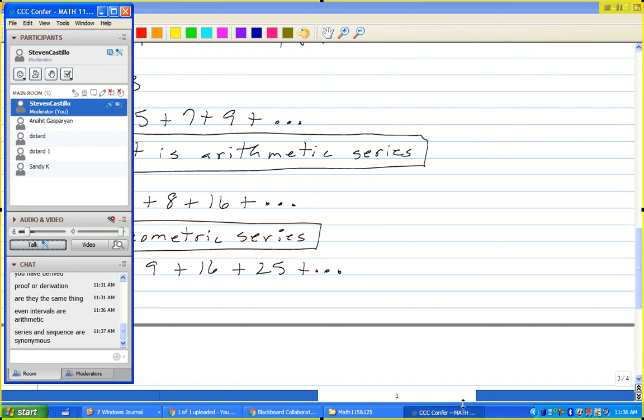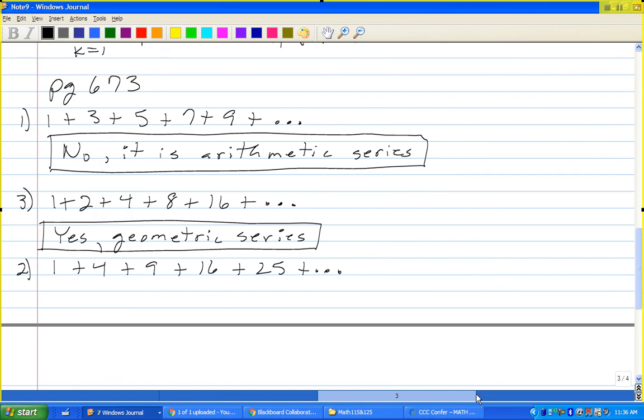A sequence is, are these numbers, 1, 2, 4, 8, 16. That's a sequence, okay? And each of these are members of a sequence. It's some rule. A series is the sum of a sequence of terms.